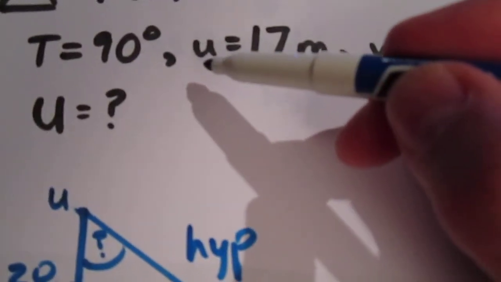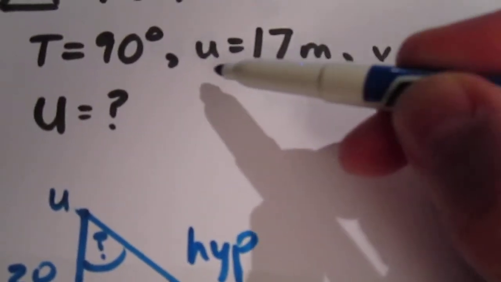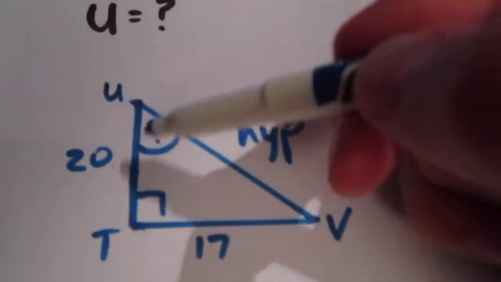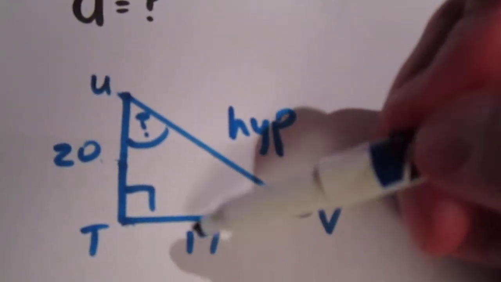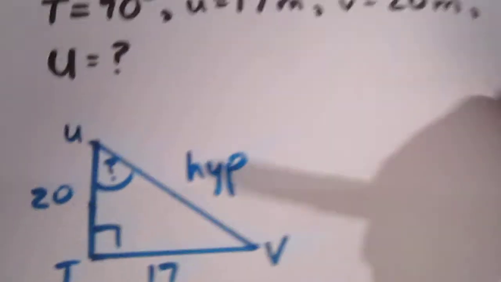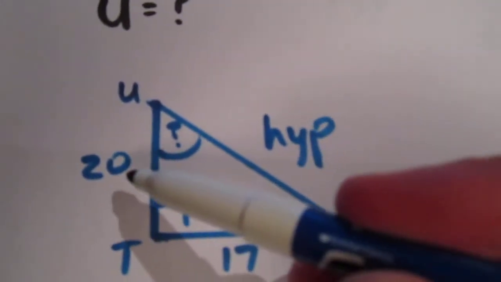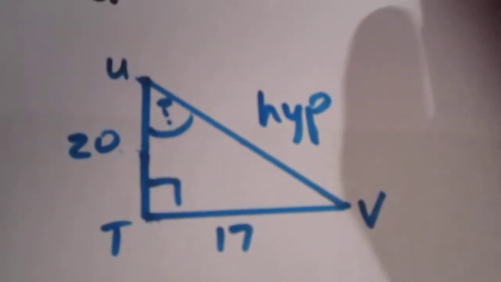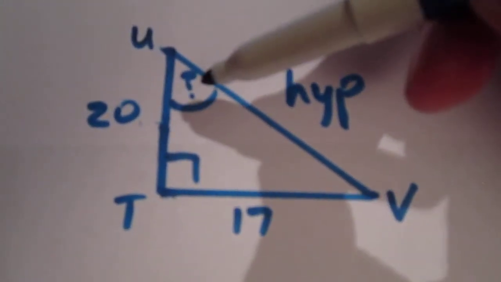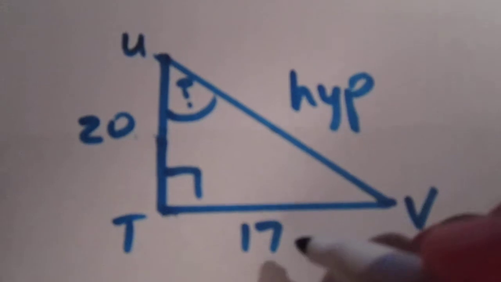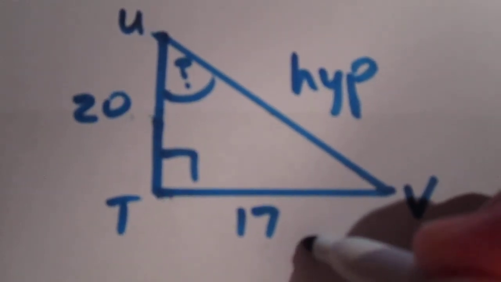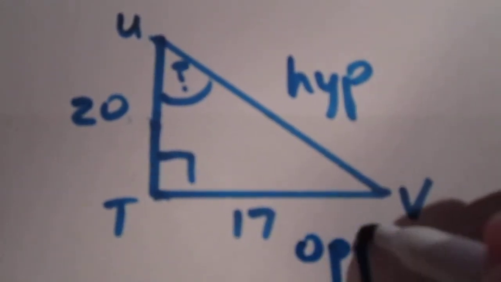Since we know that little u is 17 meters, we know that that goes opposite capital U like this, and we know that little v is 20 meters, that goes opposite capital V, which is here. And we now reassess and we say, since this is the relevant angle, this must be the opposite, and this side right here must be the adjacent.